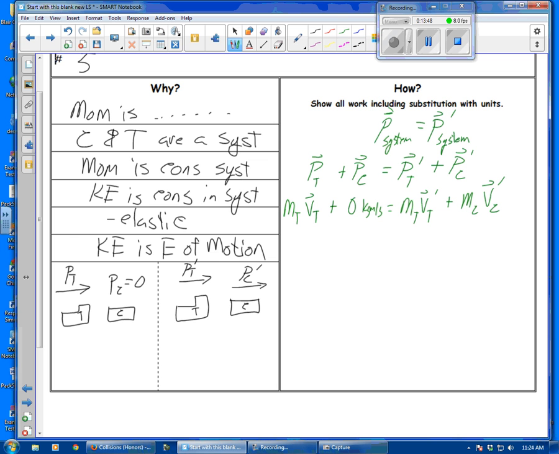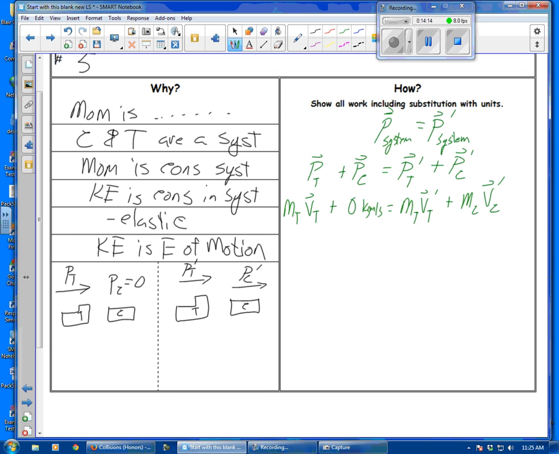If I substitute in what I know at this point, it would become clear that I know everything except VT prime and VC prime, but I'd be kind of stuck. So I could substitute in all my values, then I would realize I don't know enough of the values to continue. So I would skip down.